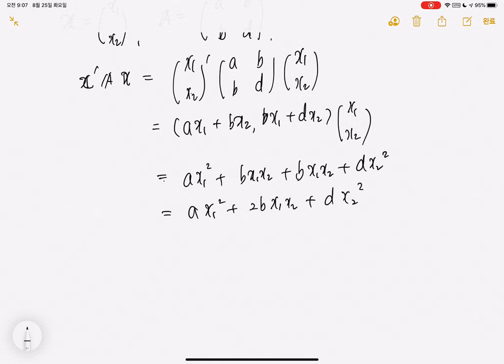So a quadratic form is a matrix representation of a quadratic equation, right?